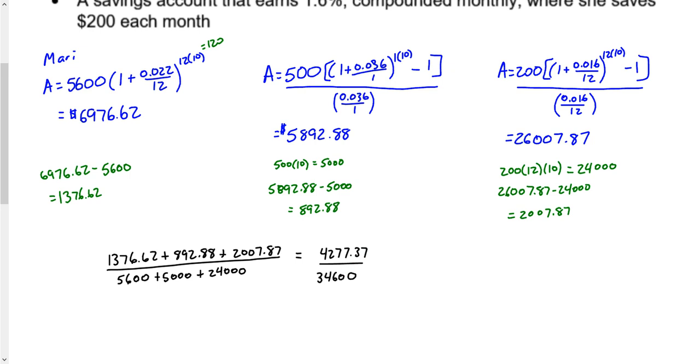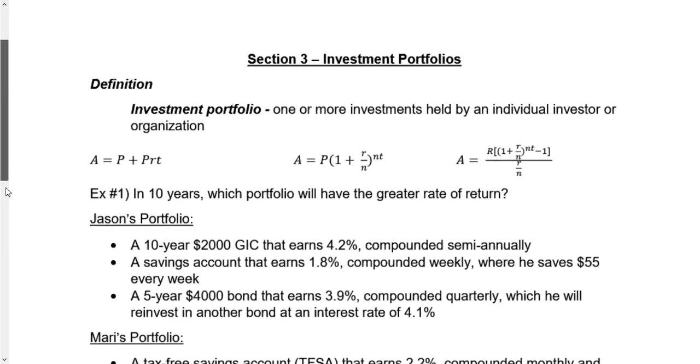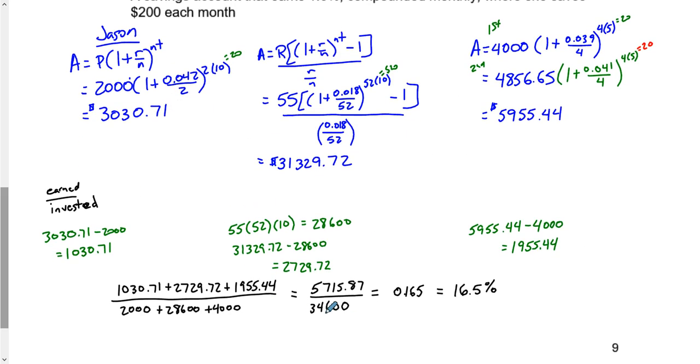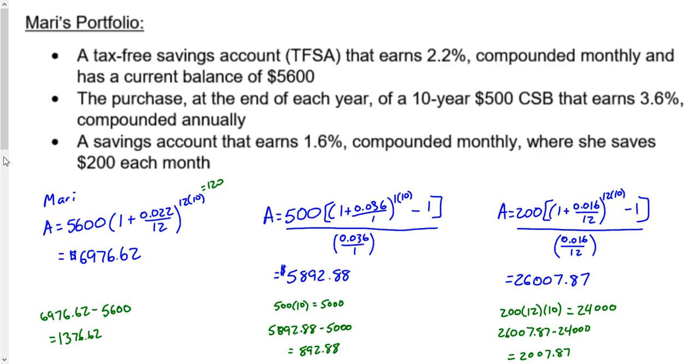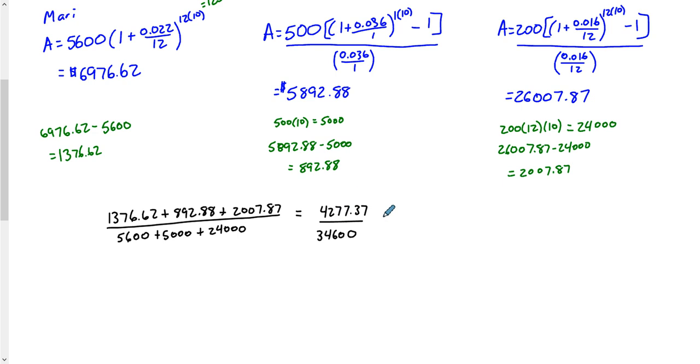So that number looks familiar. Yep, they both would have invested the same amount. Now, obviously, just by chance, Jason had been able to achieve more interest by getting $5,700. Mary had $4,277. So meaning Jason would have a higher rate of return.